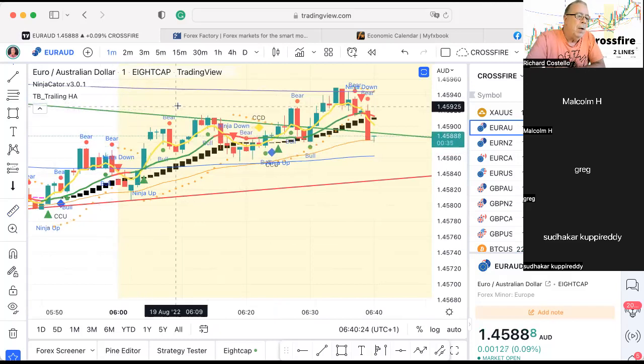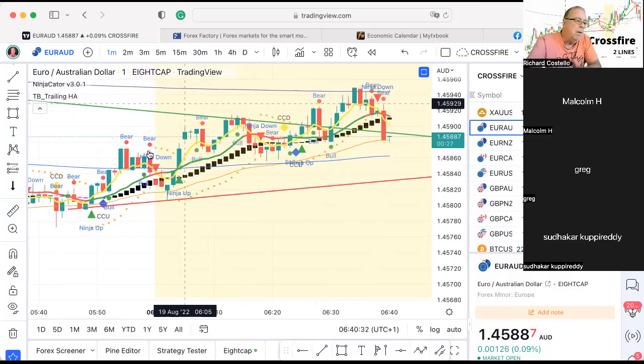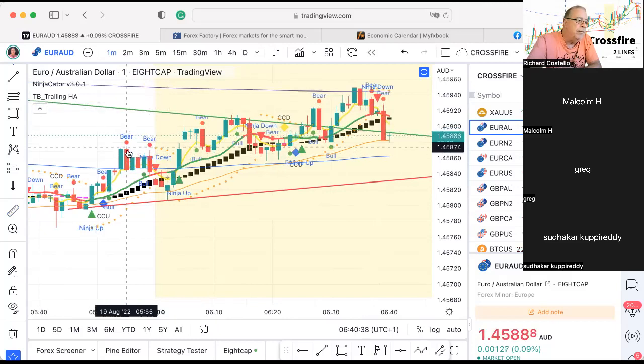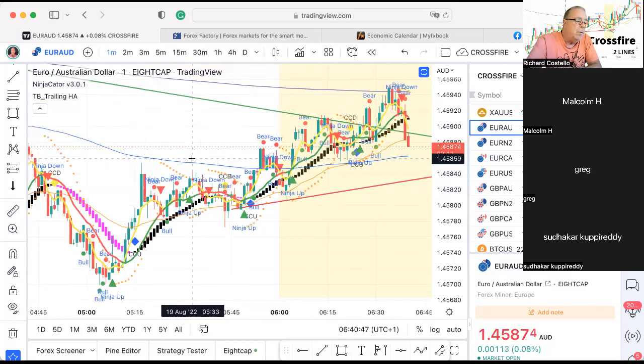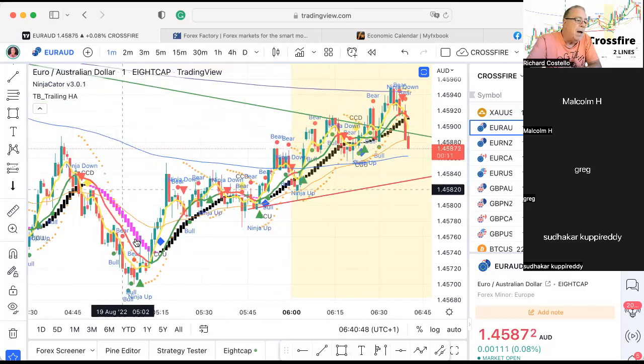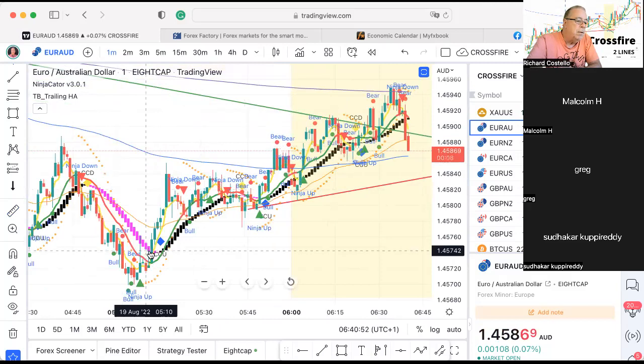Okay. So, as I say, it's still in development stage, but what I found in my testing yesterday was really, really useful. Instead of getting out when price appeared to reverse, I was trusting this indicator here, this black candle or the purple candle in the opposite direction. I was literally saying, I'm not going to get out until that color changes.